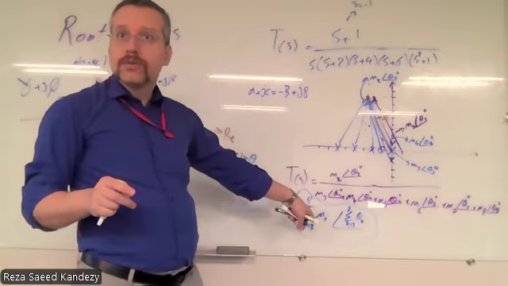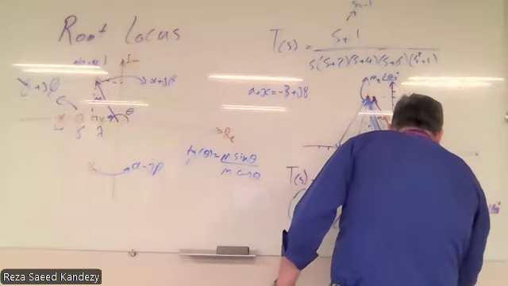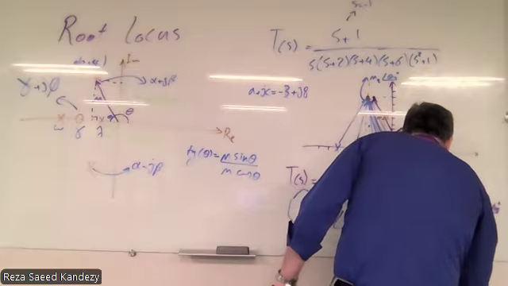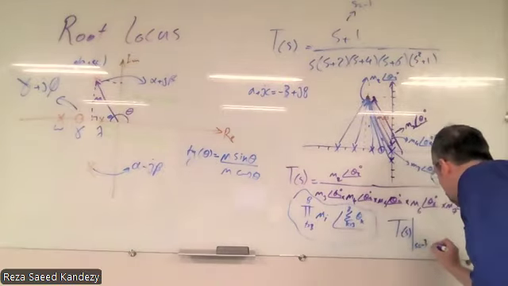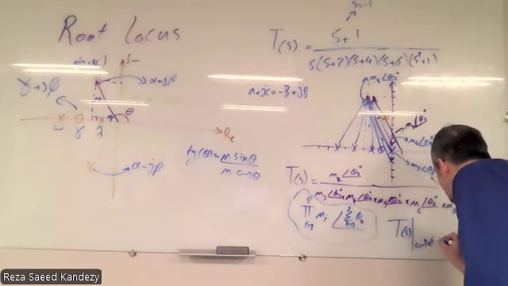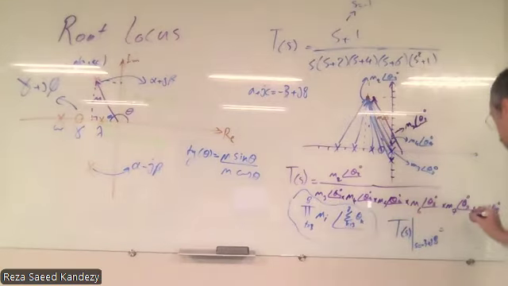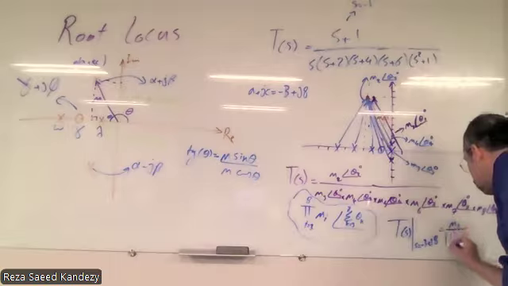The division of those. So the T of S, when S is -3 plus J8, is going to be that M2 divided by that multiplication that we have.